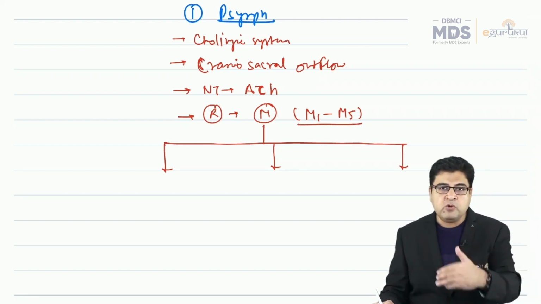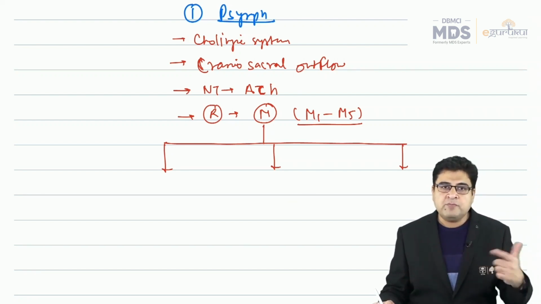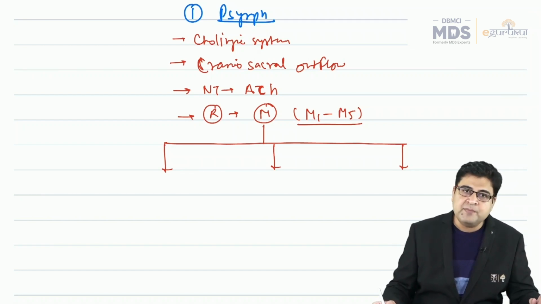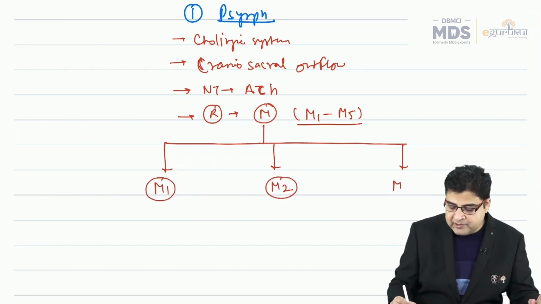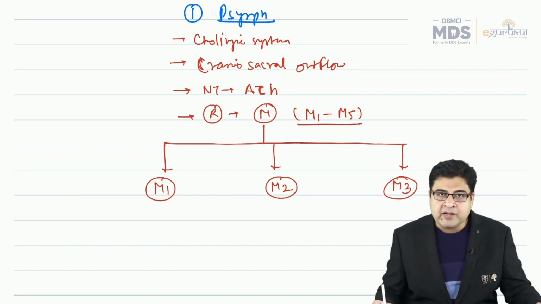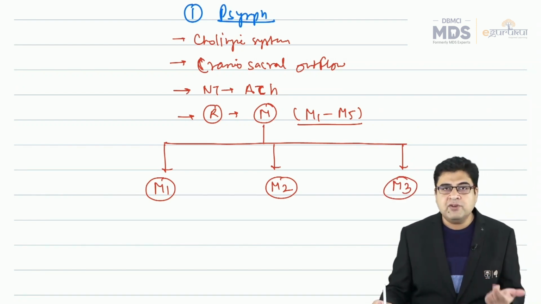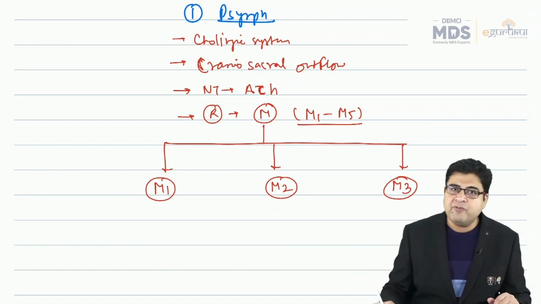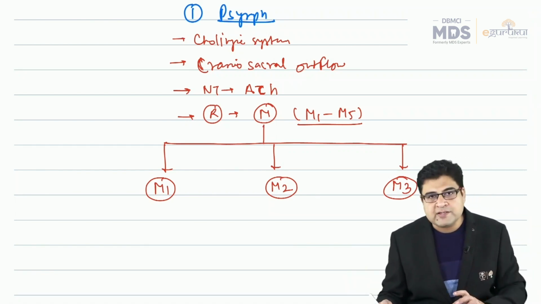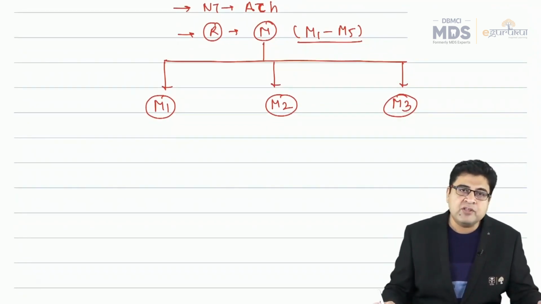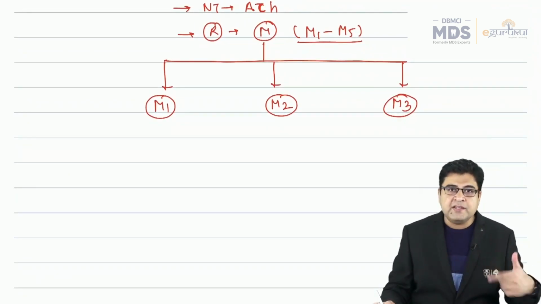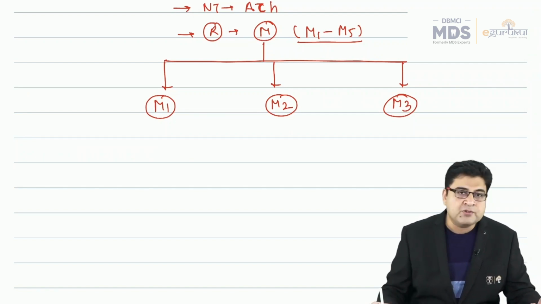But for the purpose of the exam, only 3 are important: muscarinic 1, muscarinic 2 and muscarinic 3. We will not discuss muscarinic 4 and 5 because those are not important for your exam. These are the 3 types of muscarinic receptors on which the acetylcholine released by parasympathetic nerves is going to act.